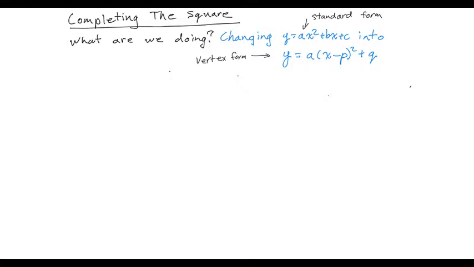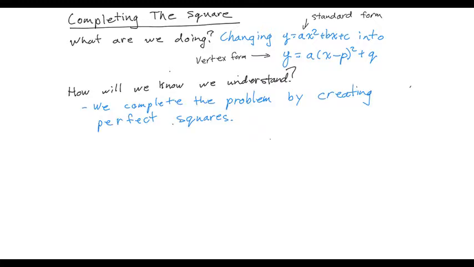So, for today's lesson, you need to ask yourself, how do we know we understand? We know we understand when we use perfect squares to find our values. Now, I'm going to introduce you to what a perfect square is, and then we'll see how it attaches to the mathematics that we've got.